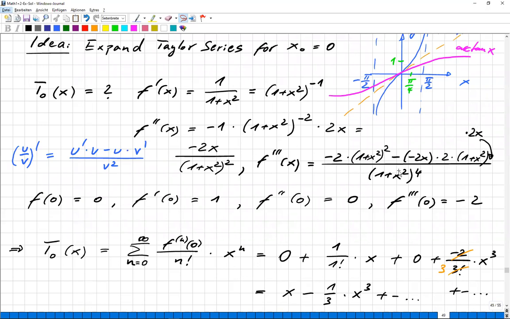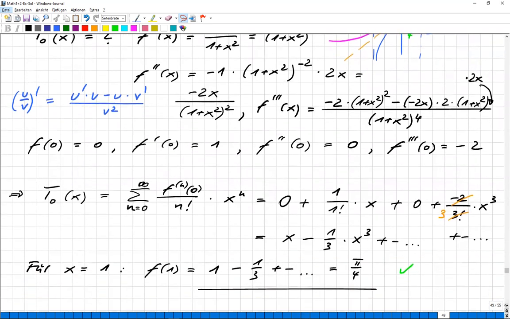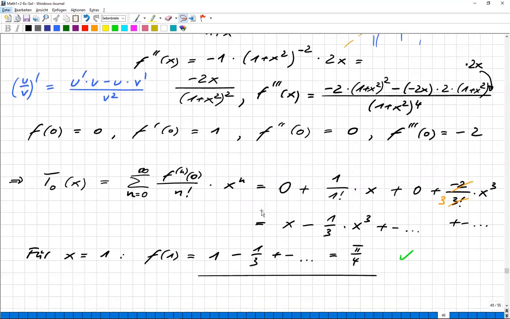So what remains is really this alternating series with only odd elements, which are x minus 1/3 times x power 3 plus minus alternating series. The next element would be a positive 1/5 times x power 5 and so on.